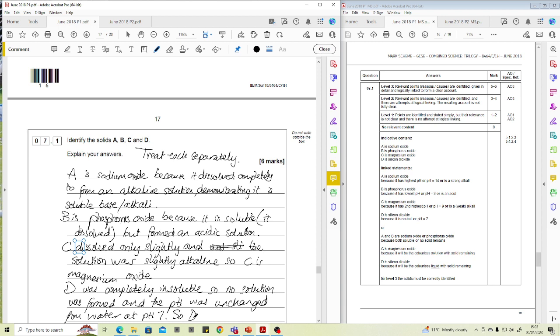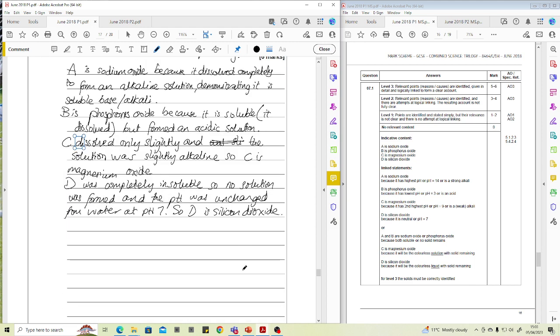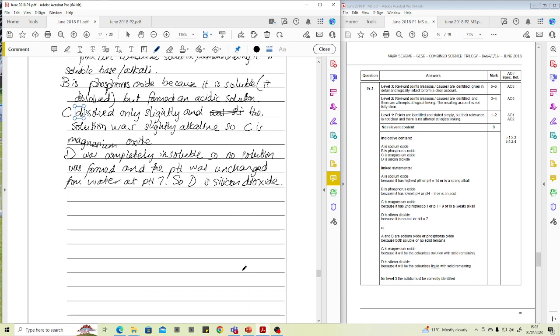So D is silicon dioxide. It's sand. Okay, good.